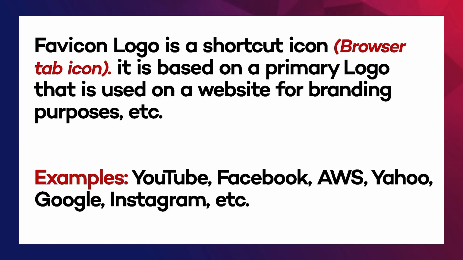It is based on the primary logo that is used on the website, for branding purposes, etc. Now, whenever you want to browse, for example Google, you go straight to Google and you want to search, if you look at that bar, you will discover that the logo of the site or the company you want to enter is just there, by your search bar, on the left. It is visible and scalable. Like I said before, you should consider scalability.